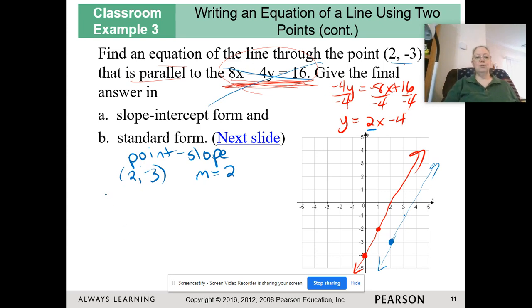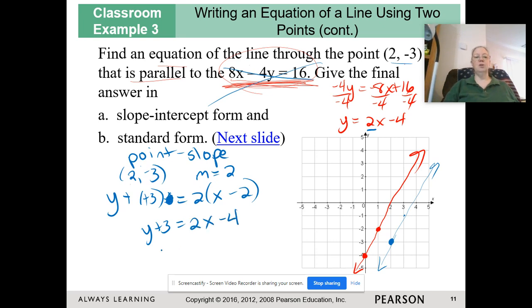So we're going to use our point slope formula, y minus our y value, which is negative 3, equals our slope, which is 2, times x minus 2. Subtracting a negative, we have y plus 3. Distribute, so I have 2x minus 4.